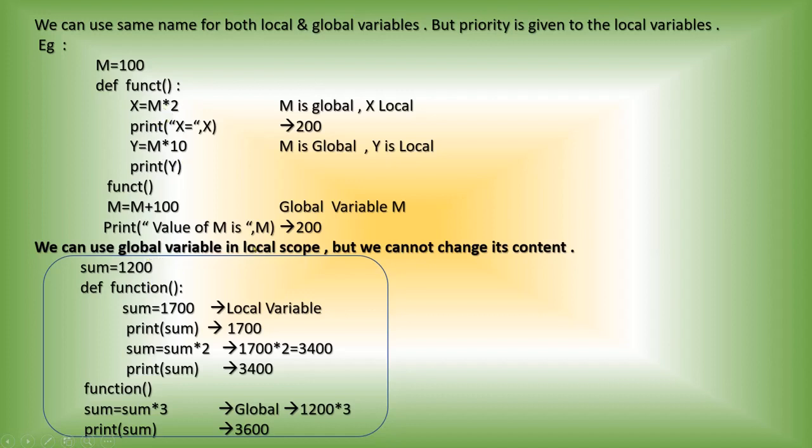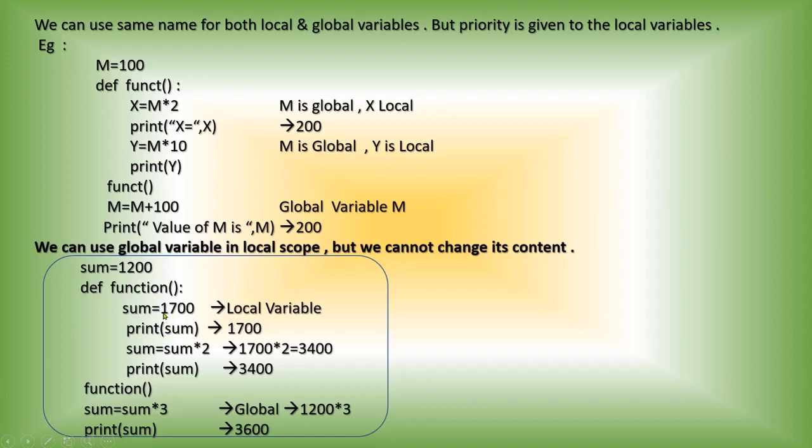Here, we can use a global variable inside the local scope, but we cannot change its content. See, sum is a global variable, and I am using a local variable of the same name. Sum is a global variable and sum is another variable which is a local variable.